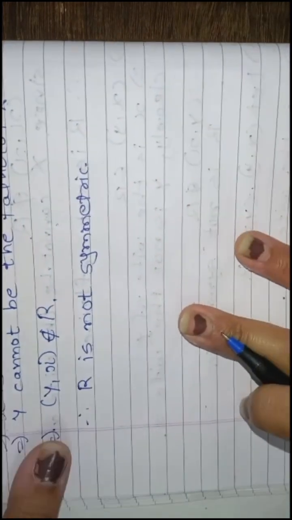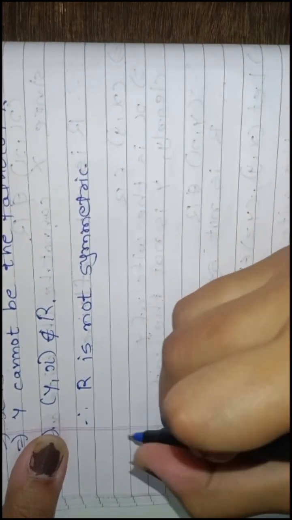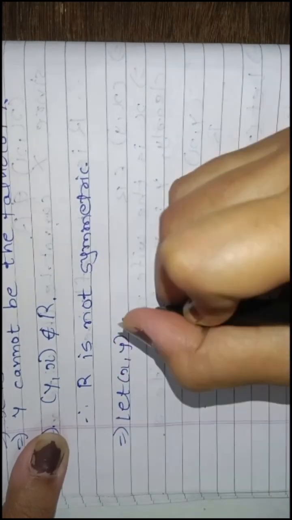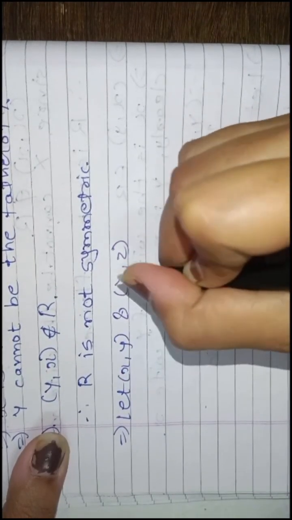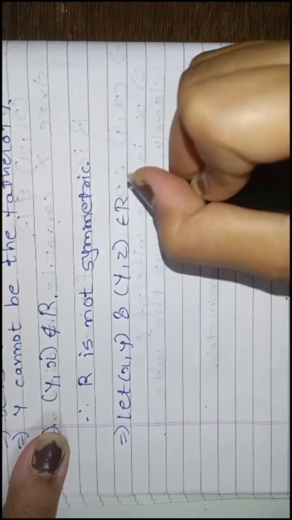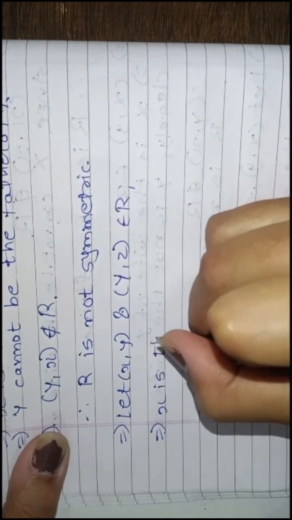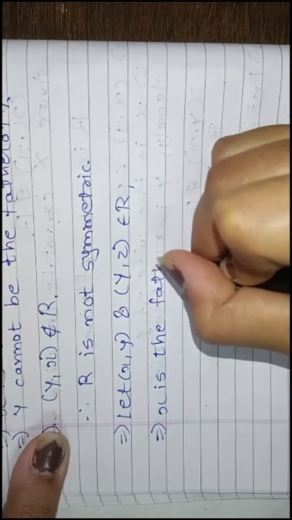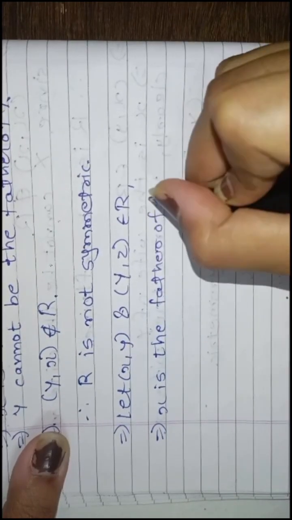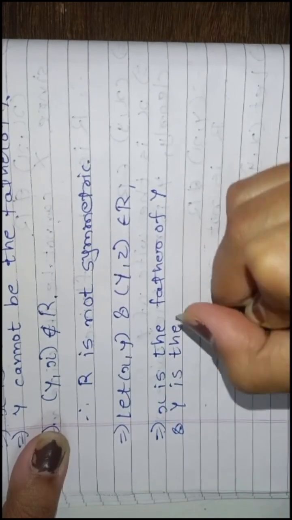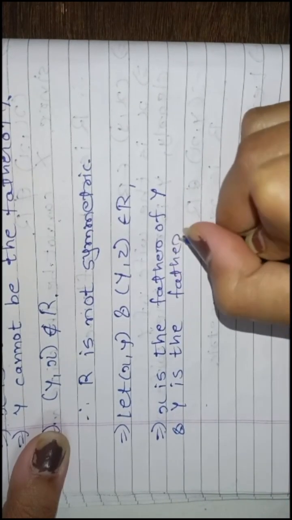Next, we will check for transitiveness. Let (x, y) and (y, z) belong to R. It implies that x is the father of y and y is the father of z.